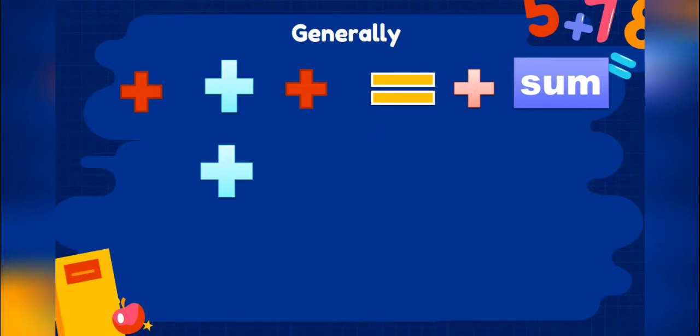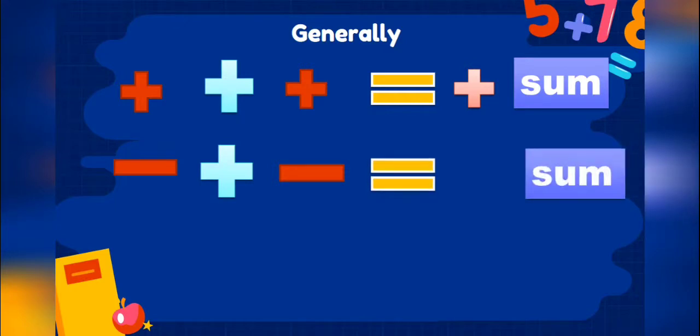If I want to add two negative integers, I will find their sum and keep the negative sign in the answer. If I want to add two positive, I will get the sum and keep the positive sign.